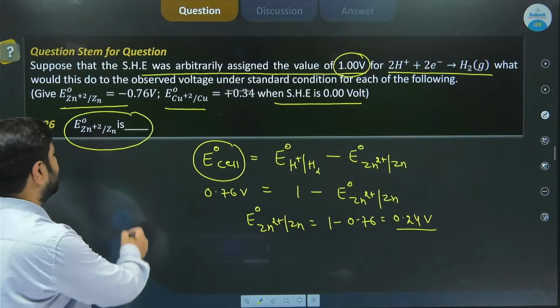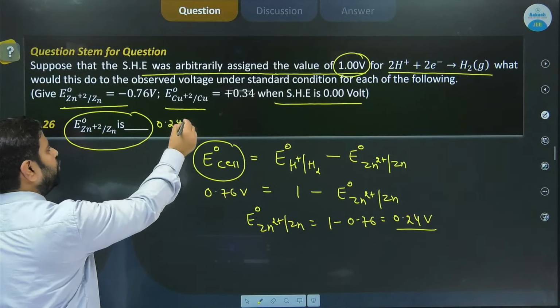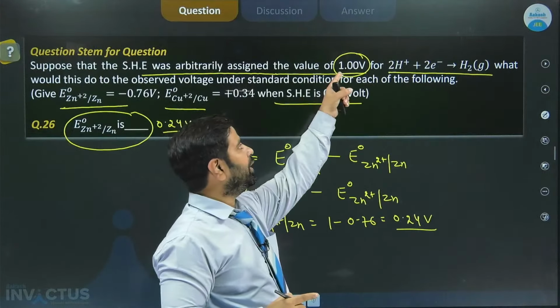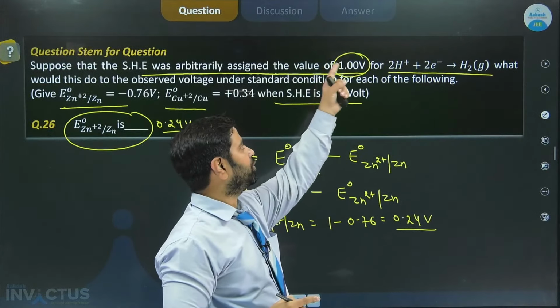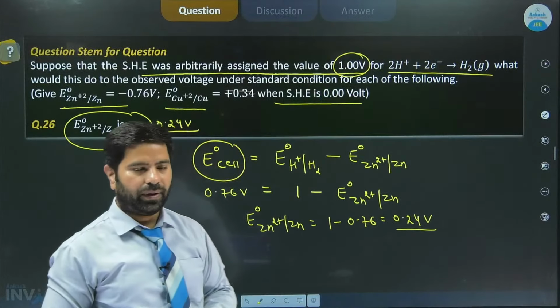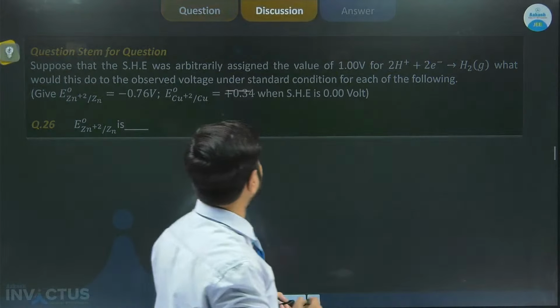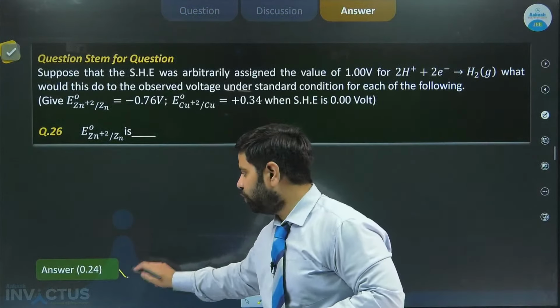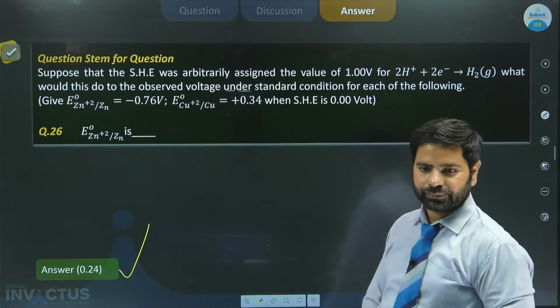So E0 would be 0.24 volt when the standard hydrogen electrode arbitrary value for the reduction potential is 1 volt. This is the reduction potential. Let's check the answer to this question. So this is 0.24 volt.